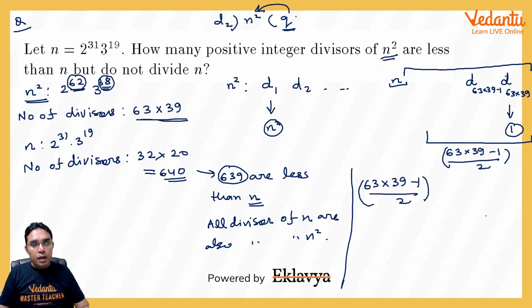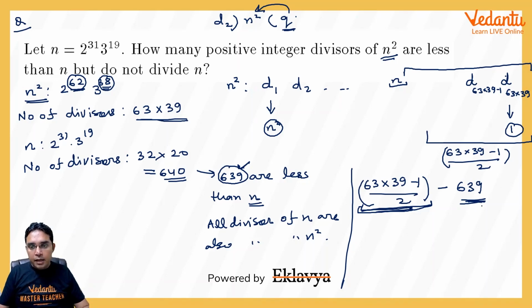Now if I subtract 639, please understand why I am subtracting 639: out of these divisors, 639 are also there because they also divide n square, and we are looking for those divisors which do not divide n. So if from all divisors of n square less than n, I remove those divisors which divide n, I think we will get the desired number, isn't it? And this is how this question can be done easily.